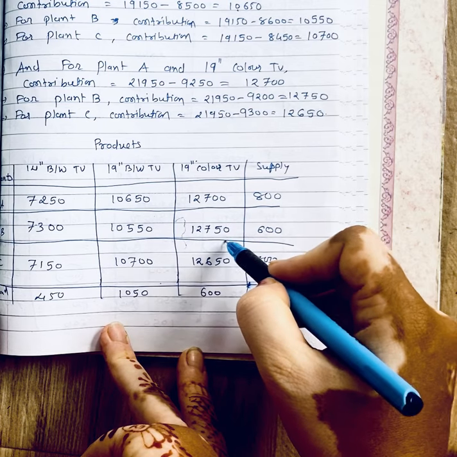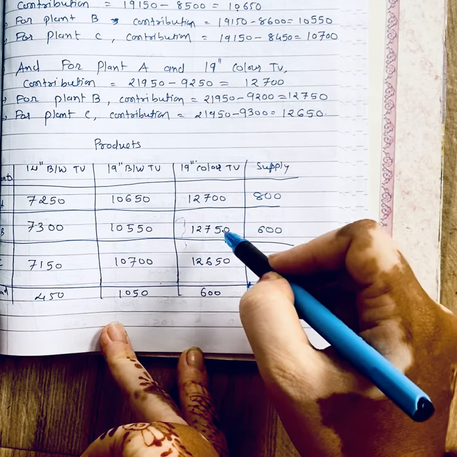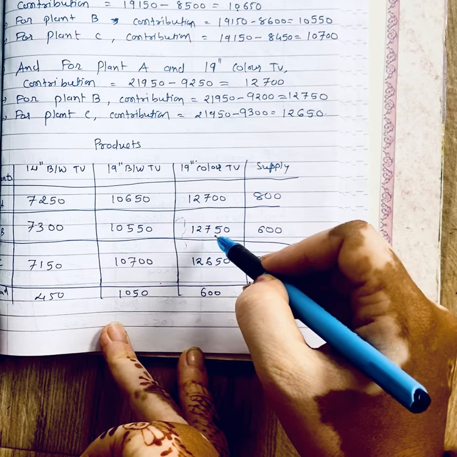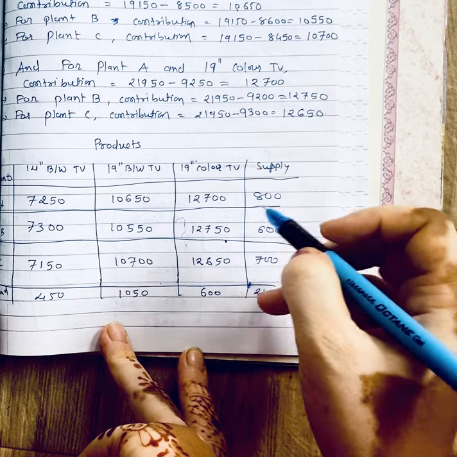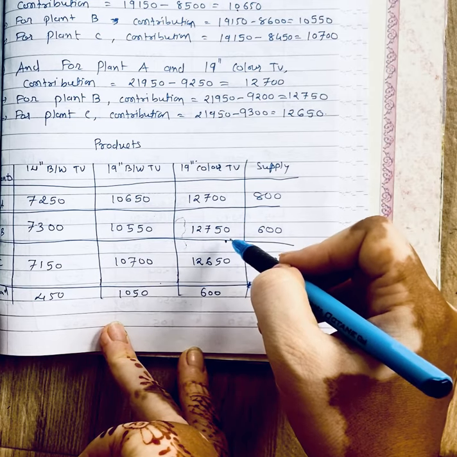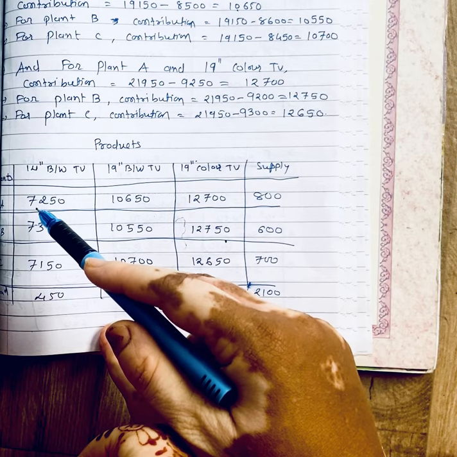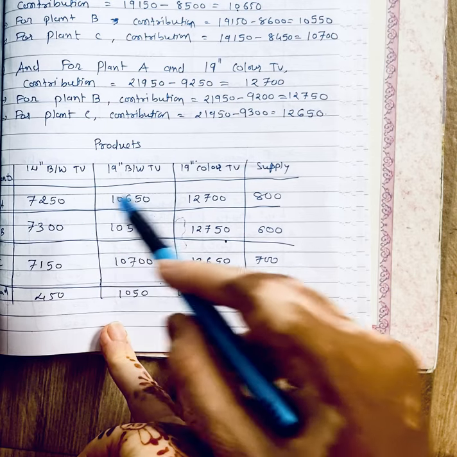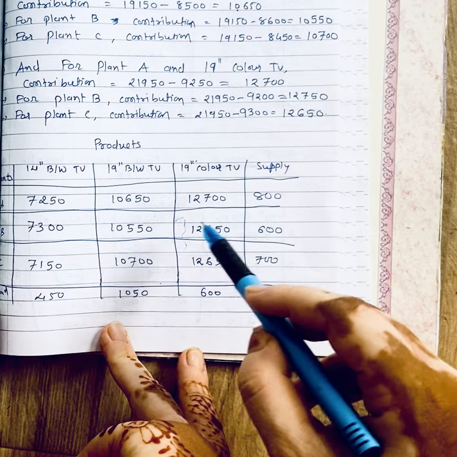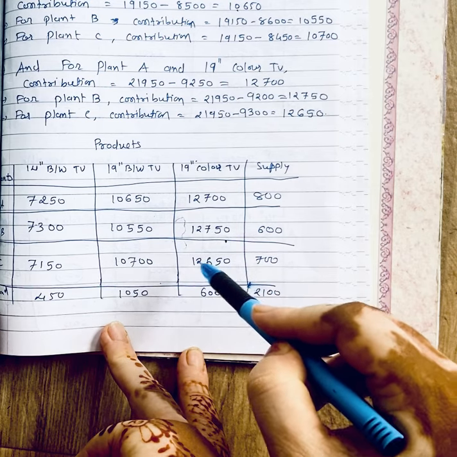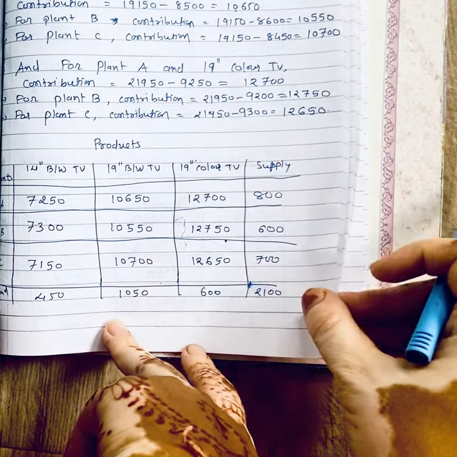So 12,750 is the maximum. All the cells we will subtract from 12,750. So 7,250 is subtracted from 12,750. All amounts will be subtracted from this amount.